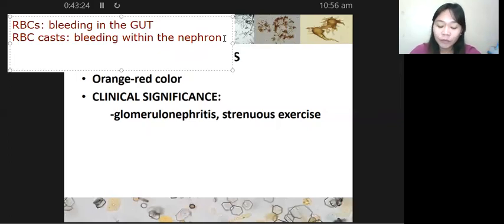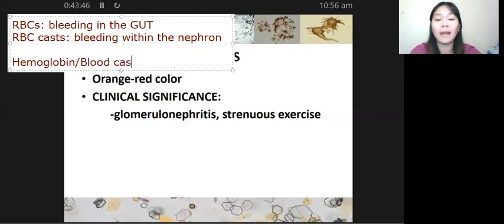So, there are other casts which we may be able to see, okay, instead of your Rbc casts. Ayan. So, meron tayong tinatawag na hemoglobin cast or otherwise referred to as your blood casts. Okay.